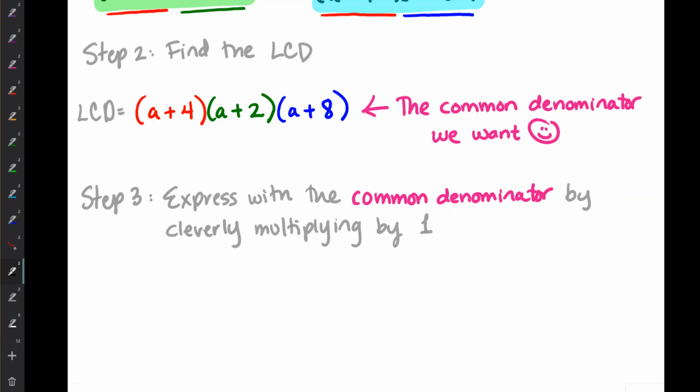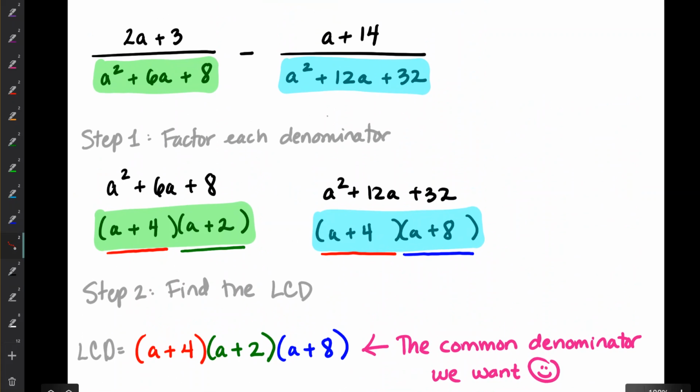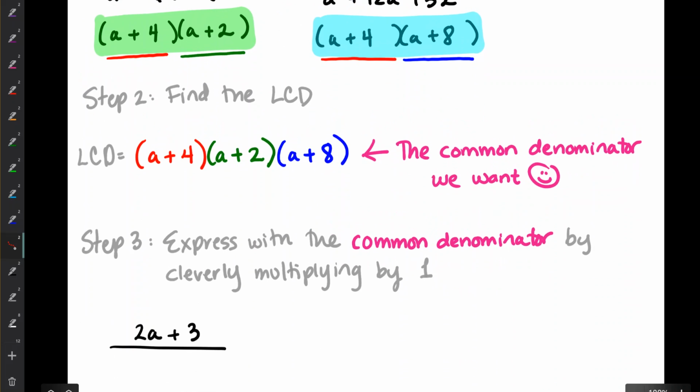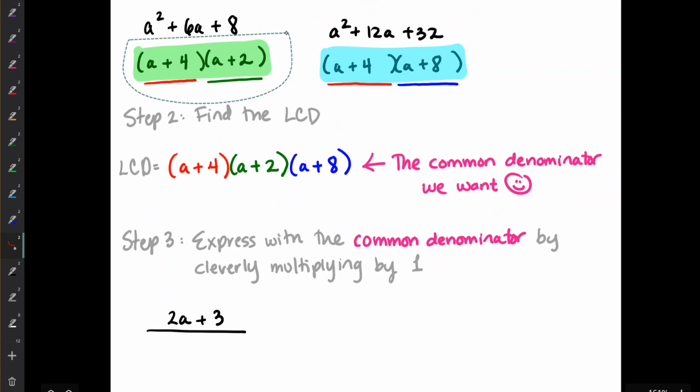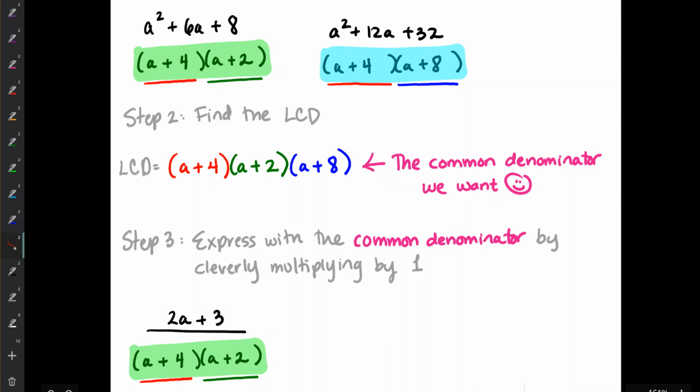So what we have so far is 2a plus 3 all over the green denominator, and I'm going to write that green denominator in factored form. Minus a plus 14 all over the blue denominator, and I'm going to write the blue denominator in factored form.